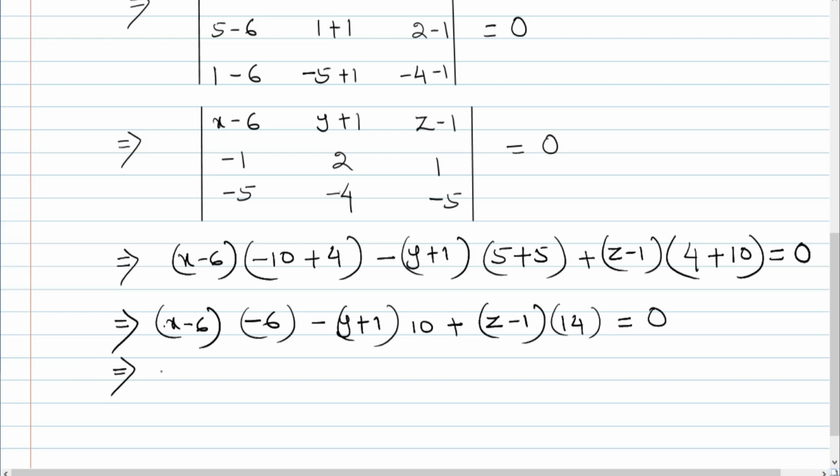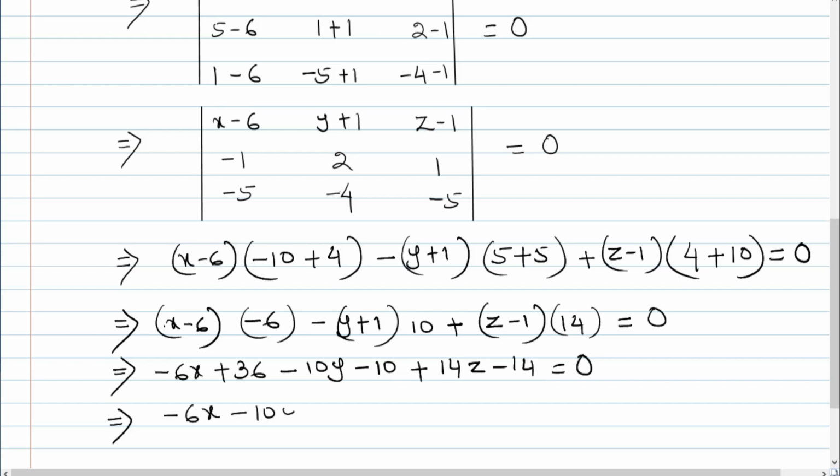So that is nothing but minus 6x plus 36, minus 10y minus 10, plus 14z minus 14 is equal to 0, or in other words minus 6x minus 10y plus 14z plus 12 is equal to 0.